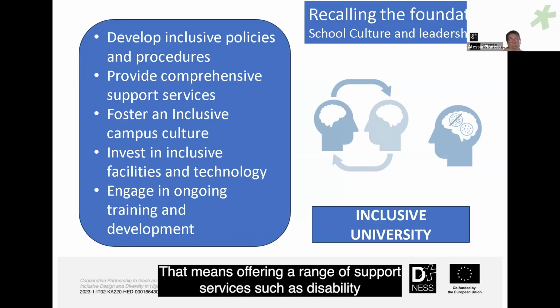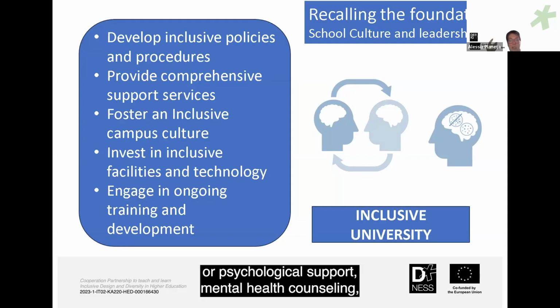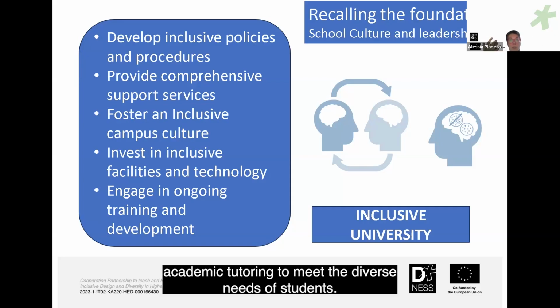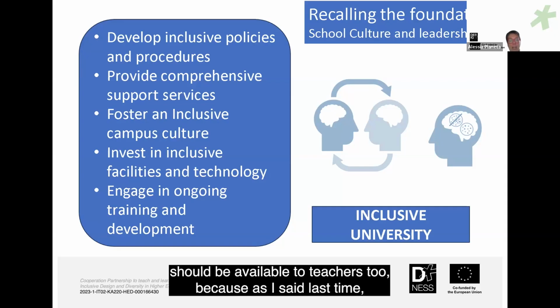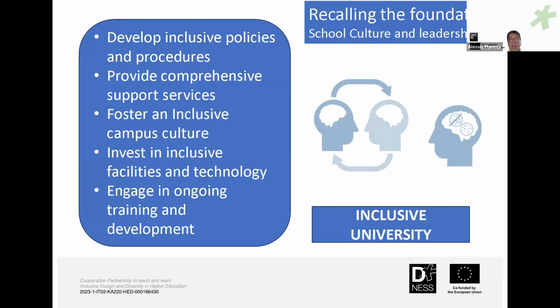That means offer a range of support services such as disability or psychological support, mental health counseling, academic tutoring to meet the diverse needs of students. I would add that such support should be available to teachers too, because as I said last time, a teacher alone cannot solve the whole range of issues around inclusive learning.